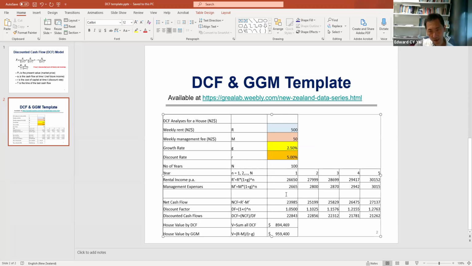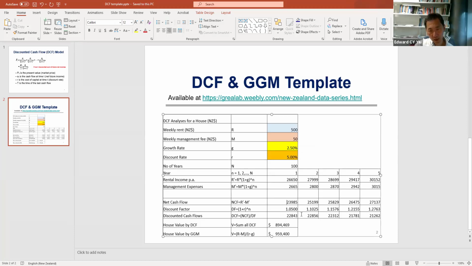So the net income would be R' minus M'. That's what we call the net cash flow. So in other words, in year 1, this housing unit can generate a net income of 23,985, assuming that the income comes at the end of the year.